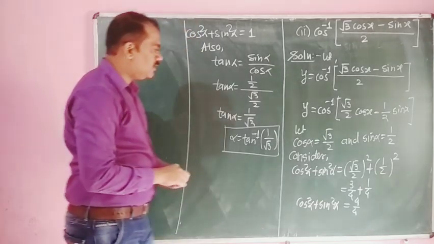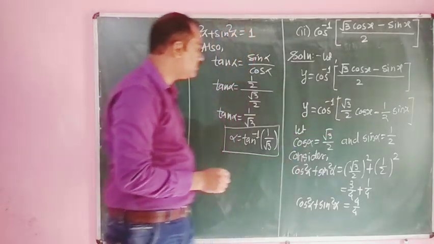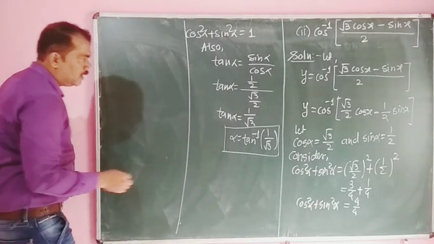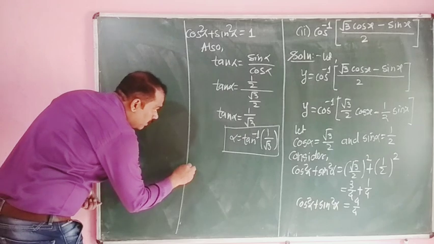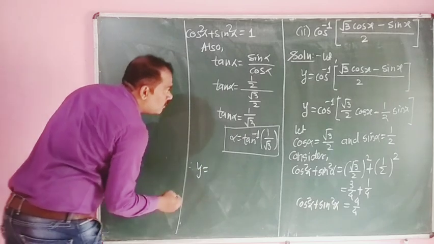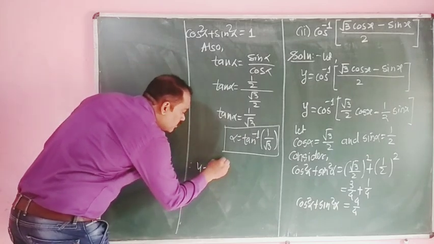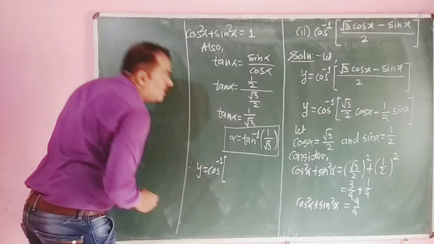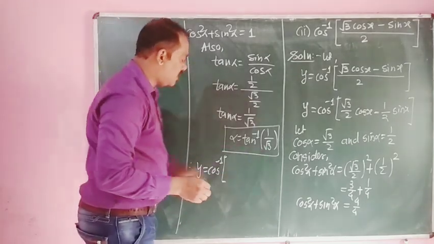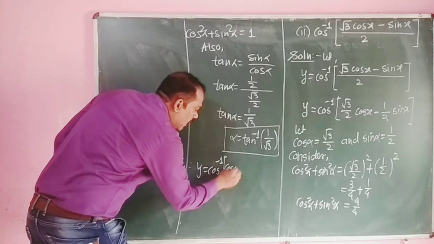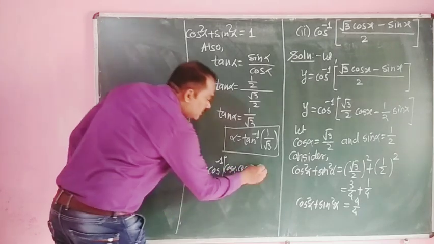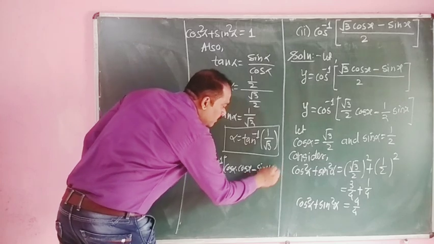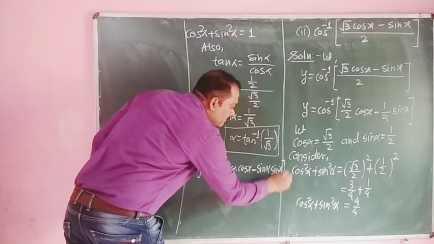By using these values, therefore y is equal to cos inverse of root 3 by 2, that is cos alpha, into cos x minus sin alpha into sin x.